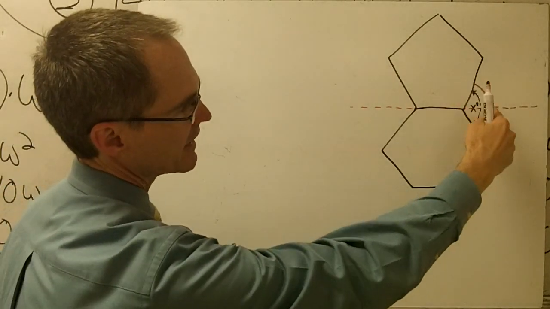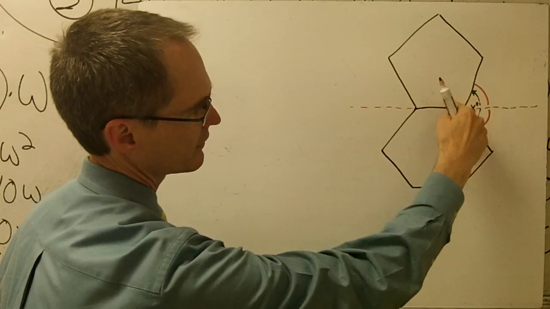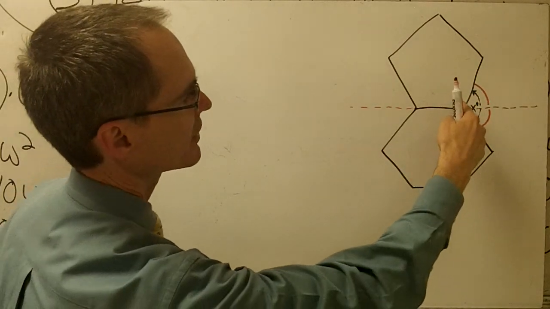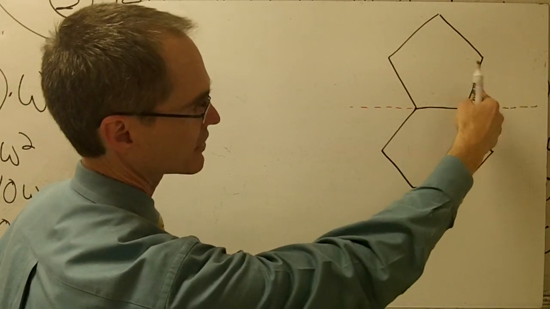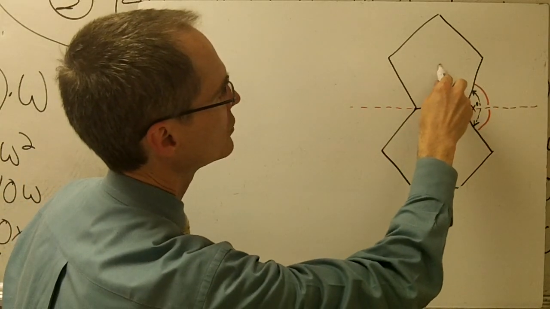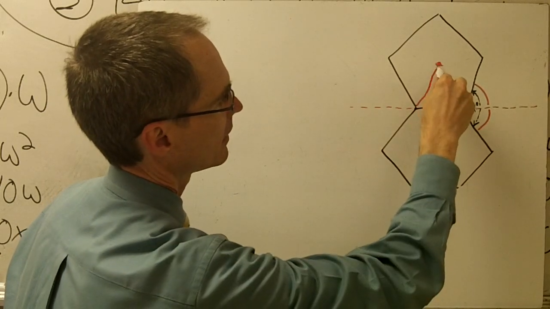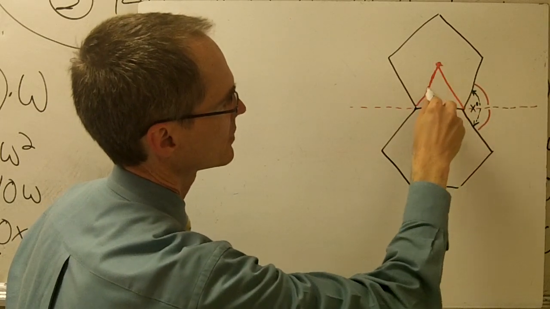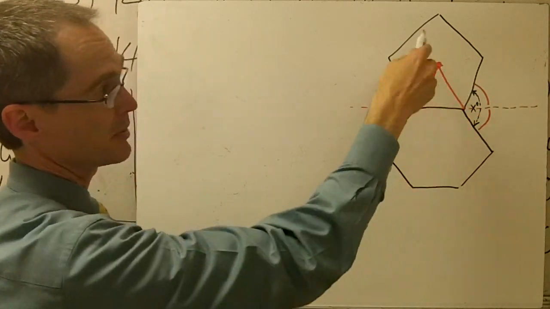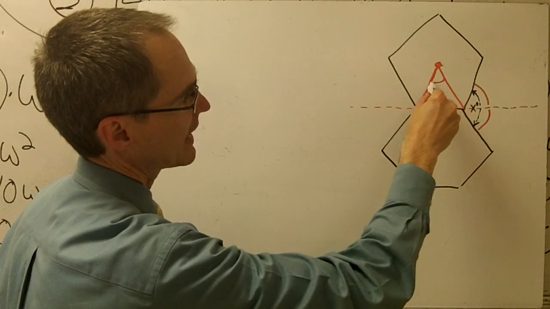Well, notice that each one of these angles is an external angle to one of the internal angles of each one of those polygons. If I can figure out the value of this internal angle, then I just need to subtract that from 180 and I'll have that external angle. I know how to do that because if I construct this central angle here from the center of this pentagon, then I can find its value.